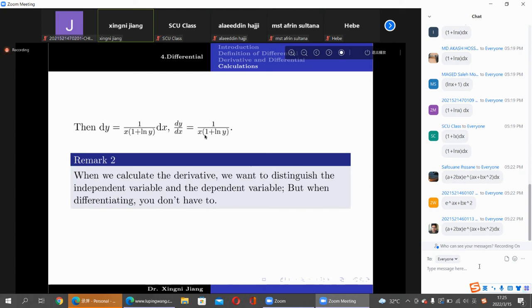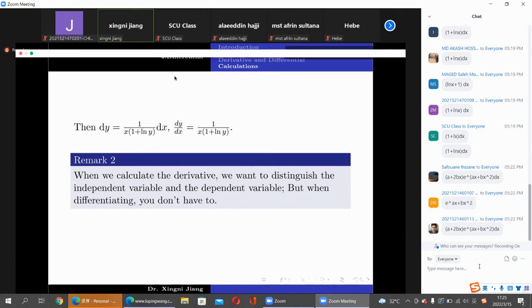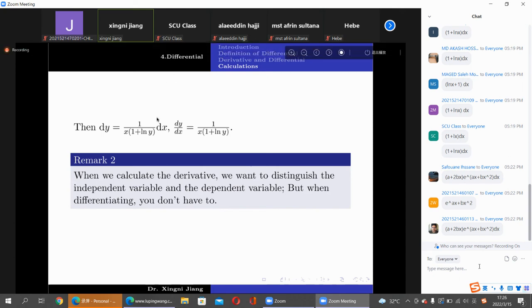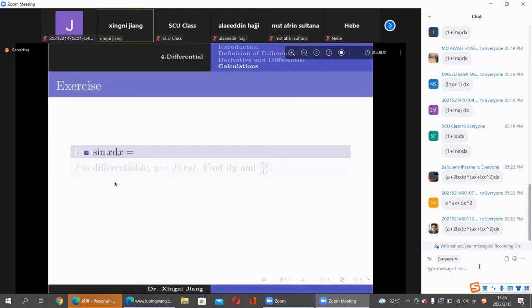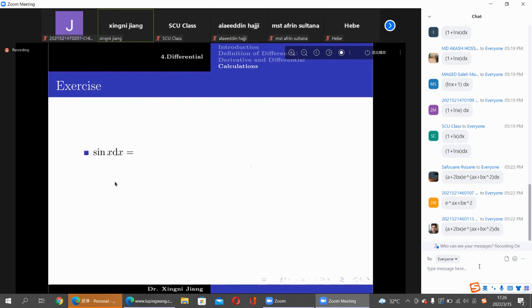And this is a very useful technique for finding derivatives. Suppose this is one of the exercises for today, and it's going to be in your homework. Another exercise is now I'm giving you the differential functions, and I'm asking you to find the original function.